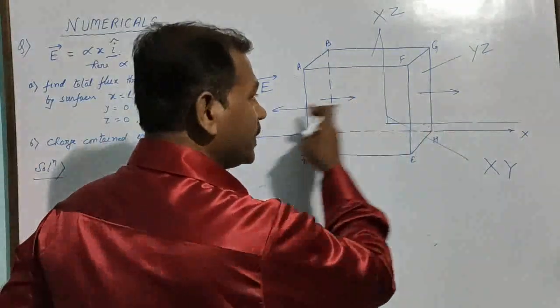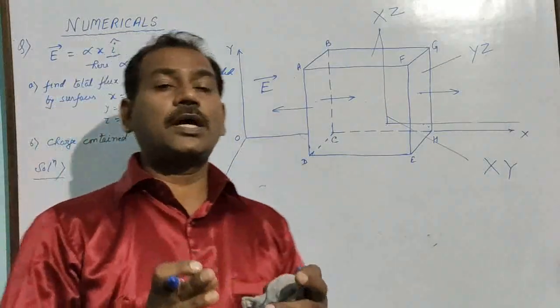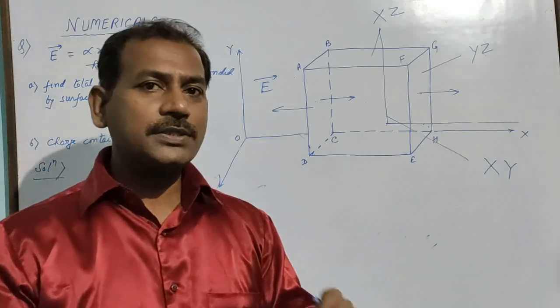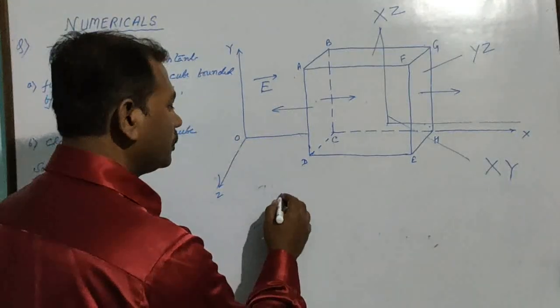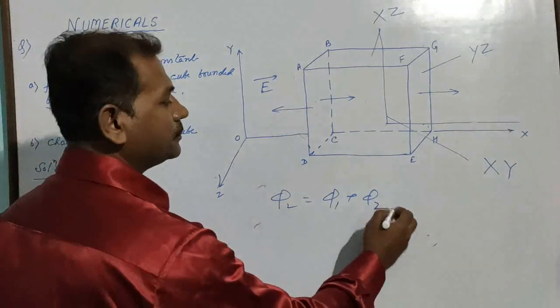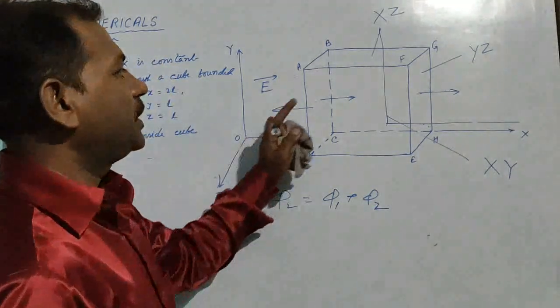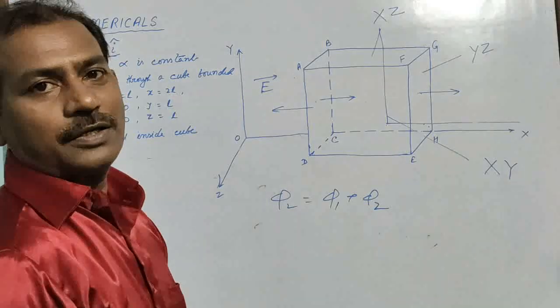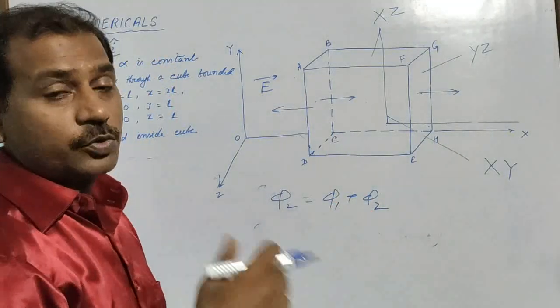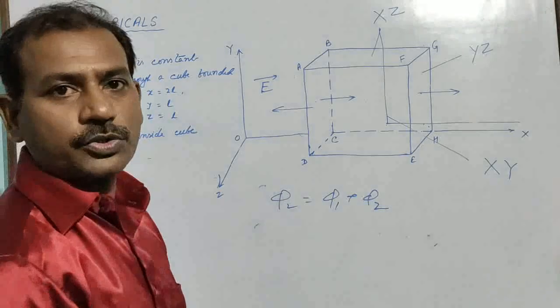Now, in both the faces, the flux is coming out. This means the net flux coming out will be equal to phi 2 plus phi 1. So this becomes the net flux coming out through this particular cube. In this way, you can solve three different types of questions.